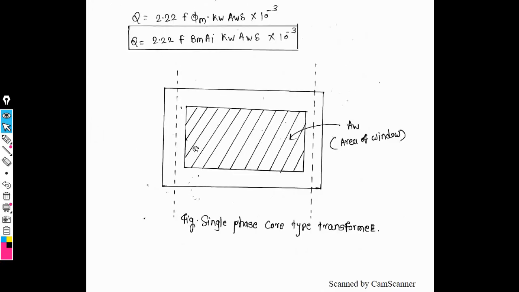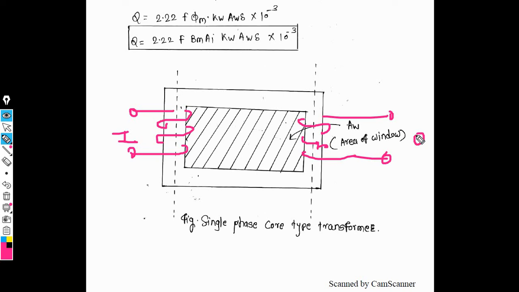This is the single phase core type transformer, in which this is the primary winding and this is the secondary winding of the transformer. This is the input side and this is the output side of the transformer, and this is the main flux flowing through the transformer core.